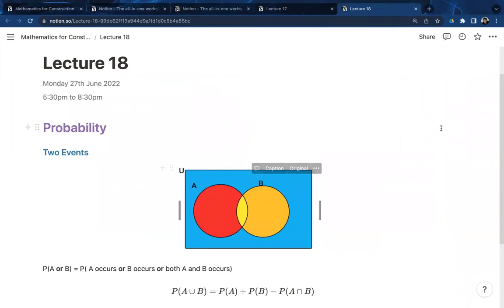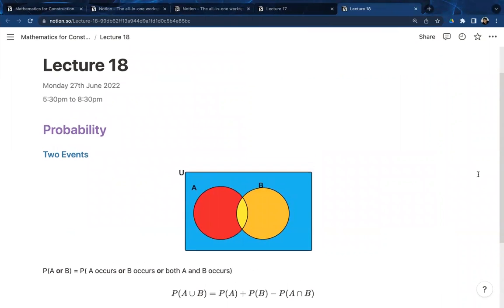So here, I talk about 2 events. It's best to look at these things as Venn diagrams from set theory, right? So we have 2 events, A and B. Think about what it means when one happens. The circle on the left, A, shows you event A happening.